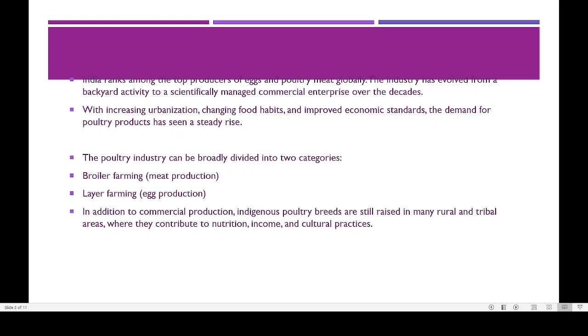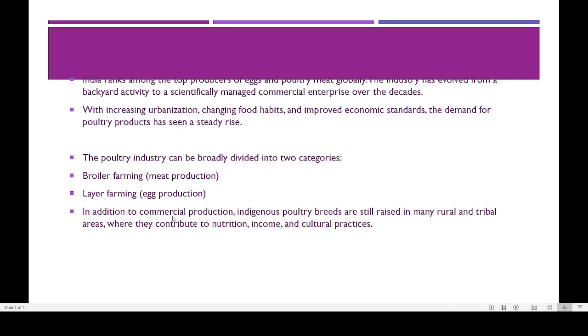The poultry industry can be broadly divided into two categories. One is broiler farming, that is broiler chicken, mainly for the production of meat. Second is layer farming, mainly for producing eggs. So these are the two main types of chicken that are available.